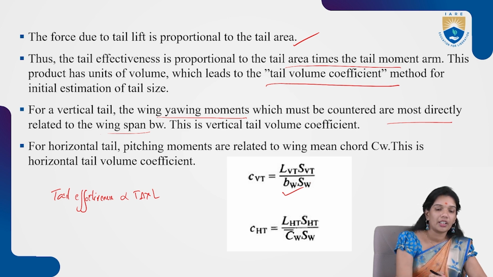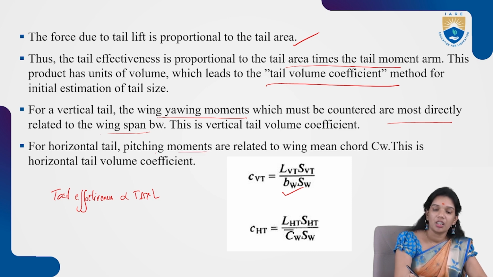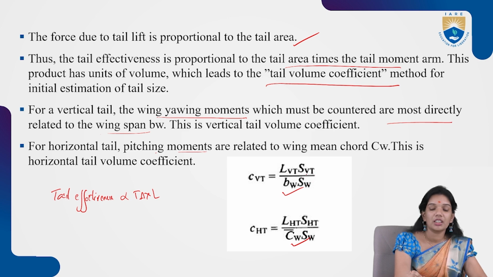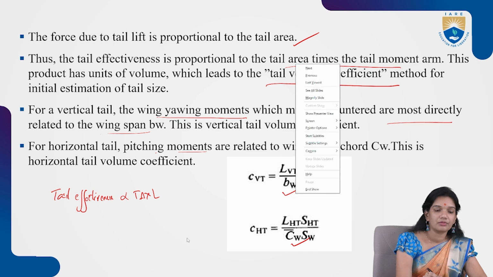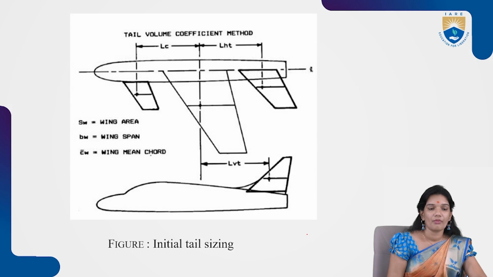And for a horizontal tail, it is the pitching moment, which is related to CW, the wing mean chord. Then it is called the horizontal tail volume coefficient. So CVT, the vertical tail volume coefficient, is LVT times SVT divided by BW times SW. And the horizontal tail volume coefficient is LHT times SHT divided by CW, the wing mean chord, times SW.